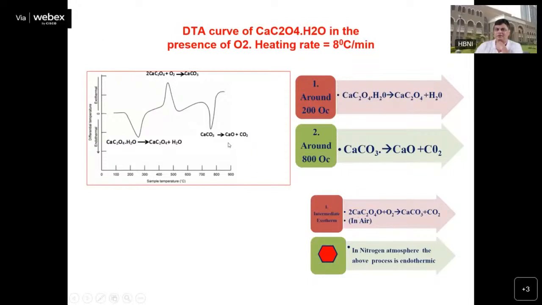So here basically the calcium oxalate reacts with oxygen and gives us calcium carbonate and carbon monoxide. And here the heating rate is about 8 degrees centigrade per minute.